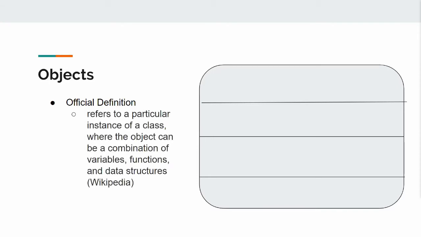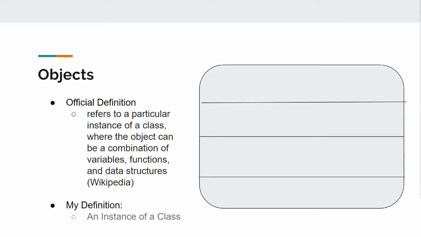Moving from there, we have objects. Now, I used object in my definition of class, so it's kind of important to understand what an object is as well. The official definition refers to a particular instance of a class where an object can be a combination of variables, functions, and data structures.